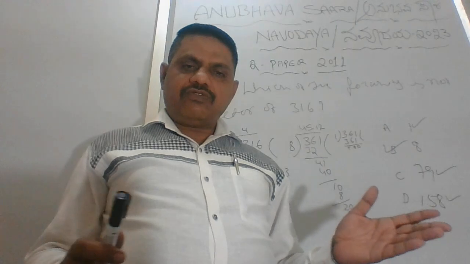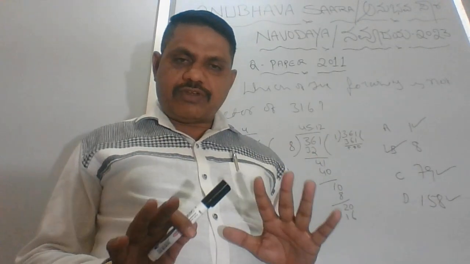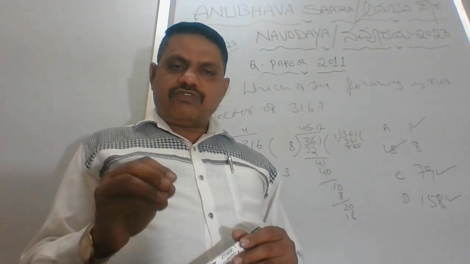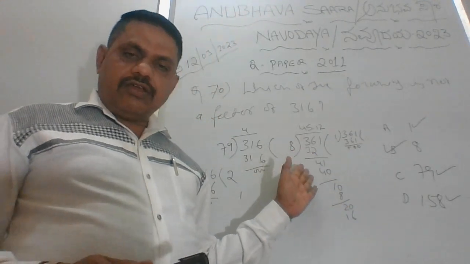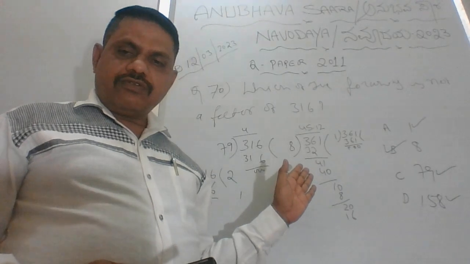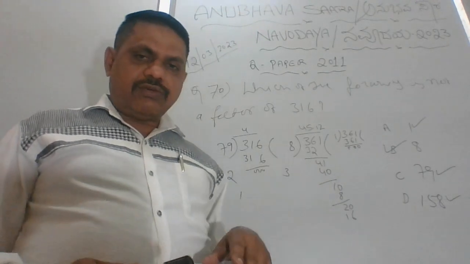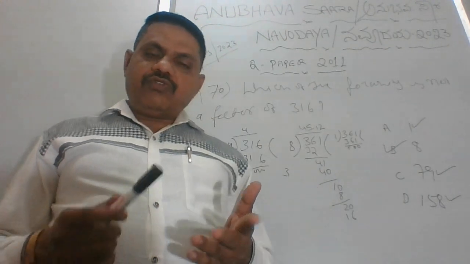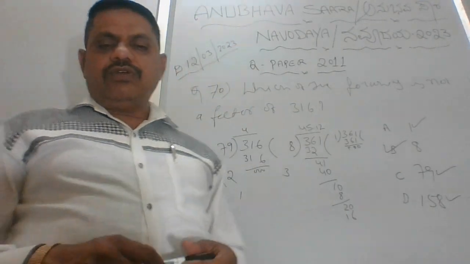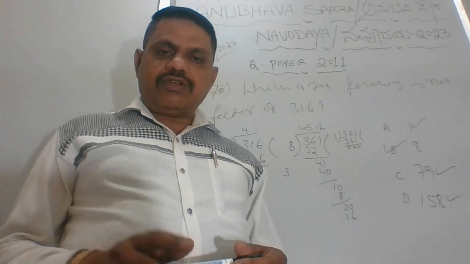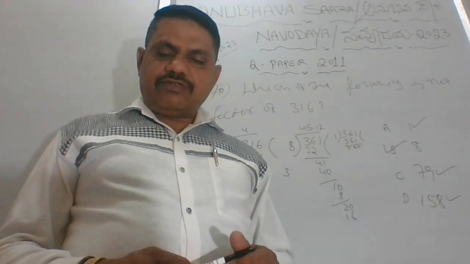Write whatever you know, whichever you are perfect or confident about. Later you can attempt these kinds of questions, not initially, because if you waste your time, then whichever questions you know the answer to, you are going to lose them. If you lose that, then definitely you will lose marks.